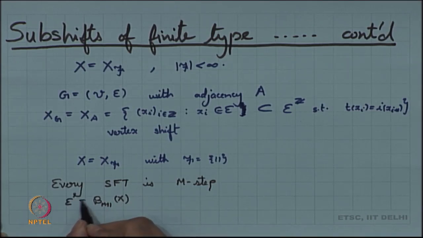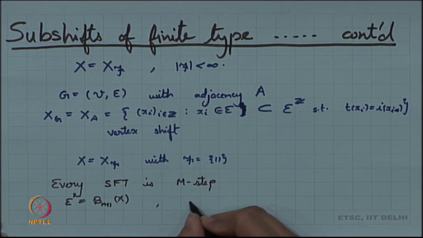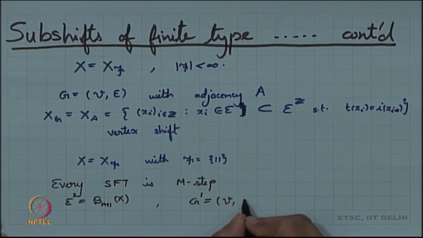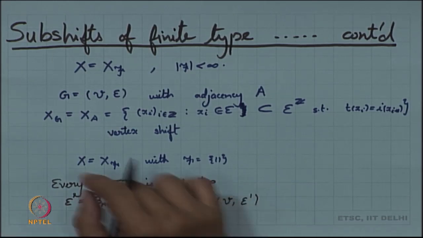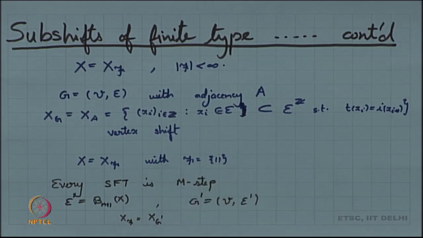Let this be the set of edges, and then we can always find another graph G', let me call it, with some set of vertices and the set of edges as E', such that your X_F can be written in terms of X_{G'}. Now, we shall try to see how this can be done. This is basically done using the higher block representation.